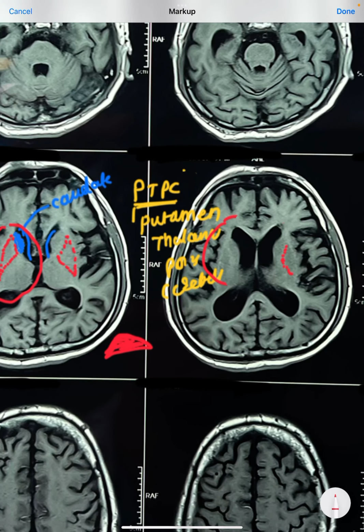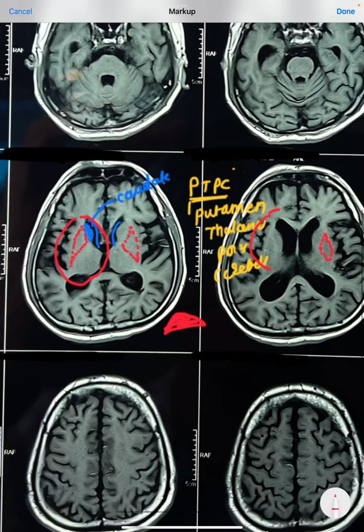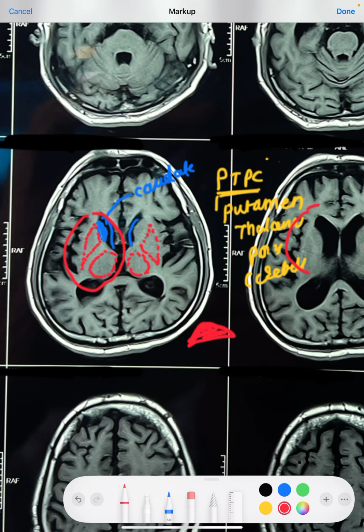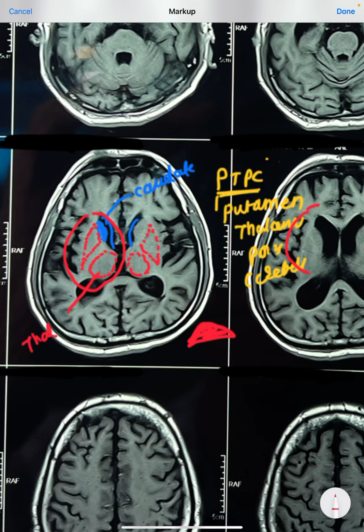You can make it out here also. This is the putamen, which is the most common site for hypertensive bleed or hypertensive diabetic ischemic strokes as well. And exactly behind this, the large almond-shaped structure is the thalamus. So these are the most important structures, especially for bleed or infarct.